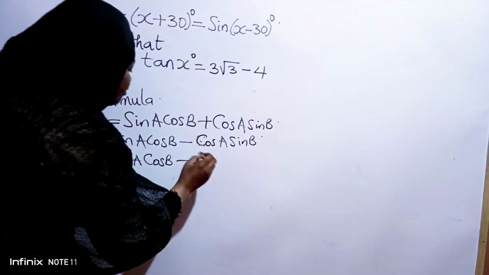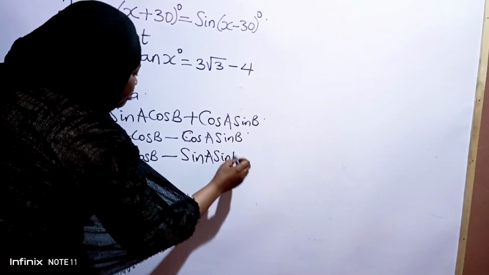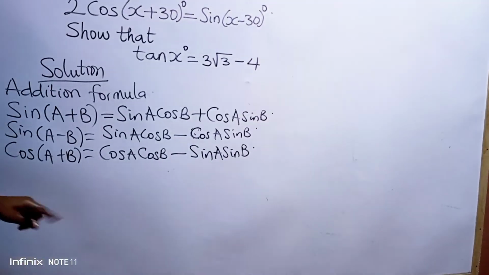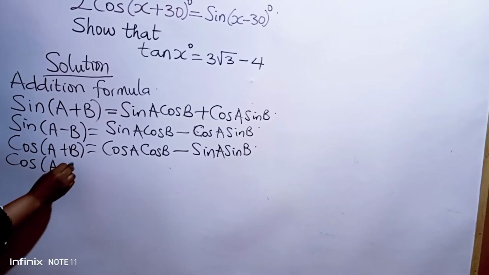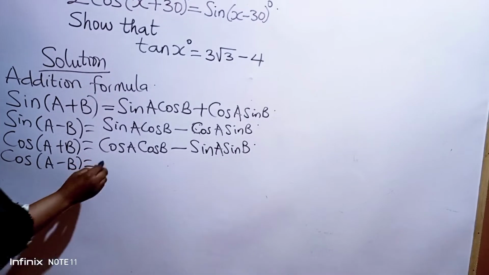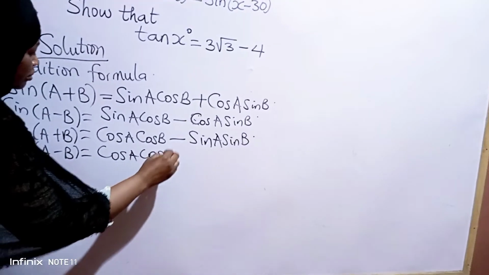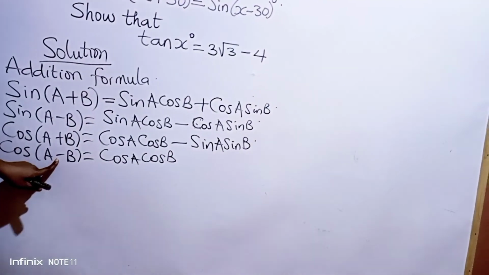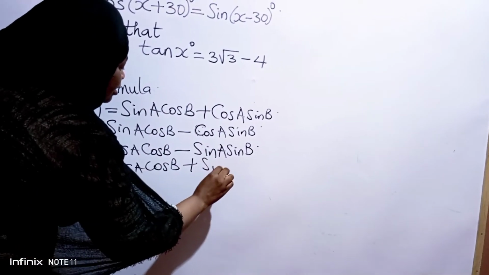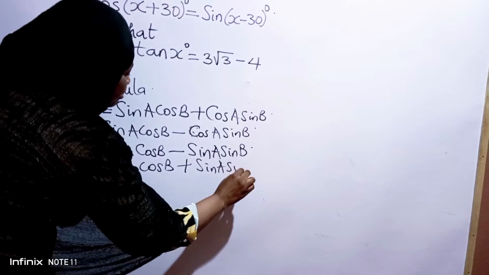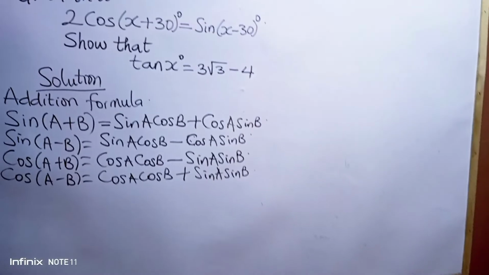So then you now have sin A sin B. Also, cos(A − B) will be equal to cos A cos B. So this time around, the sign here will be plus sin A sin B. Now back to the question.